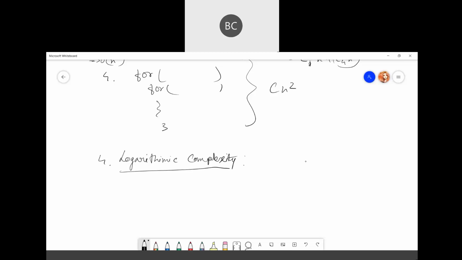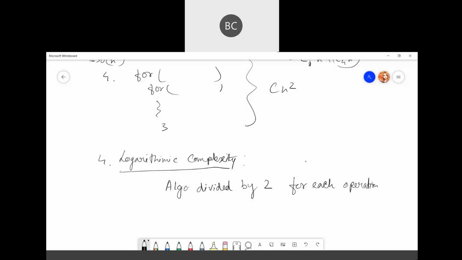Let me show how we get it. In logarithmic complexity, the algorithm simply divides by 2 for each operation. So in the divide and conquer rule, everything is the same, just that all the operations are divided by 2.